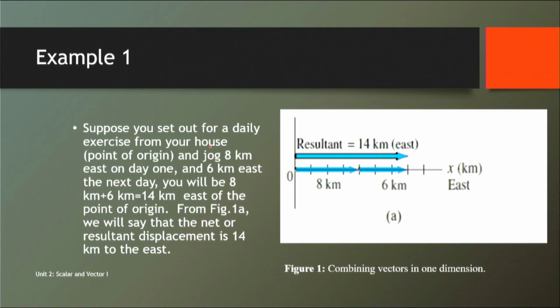Let's consider a one-dimensional vector system in which someone jogged 8 kilometers towards the east, and in another instance, the person jogged 6 kilometers towards the east. We can add these two vectors, each containing a magnitude, the numeric number, and the direction, east. Therefore, the addition of these two vectors, 8 kilometers and 6 kilometers, becomes 14 kilometers, which is just 6 plus 8 kilometers.